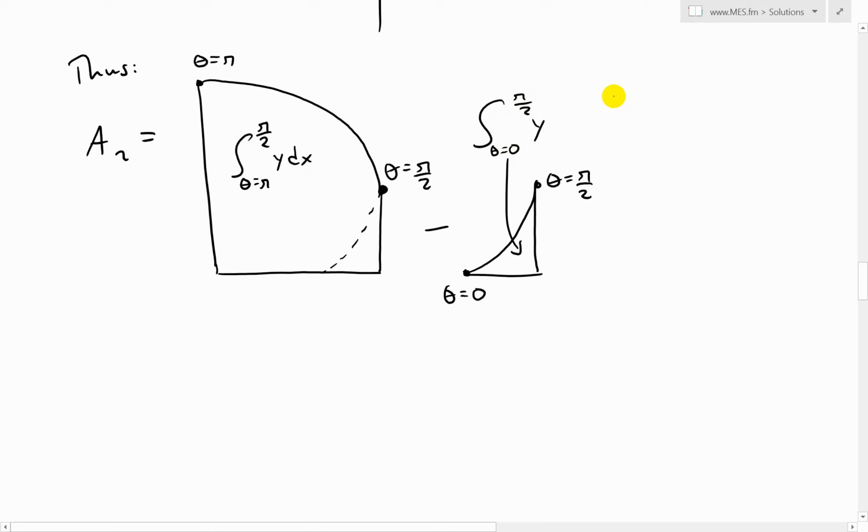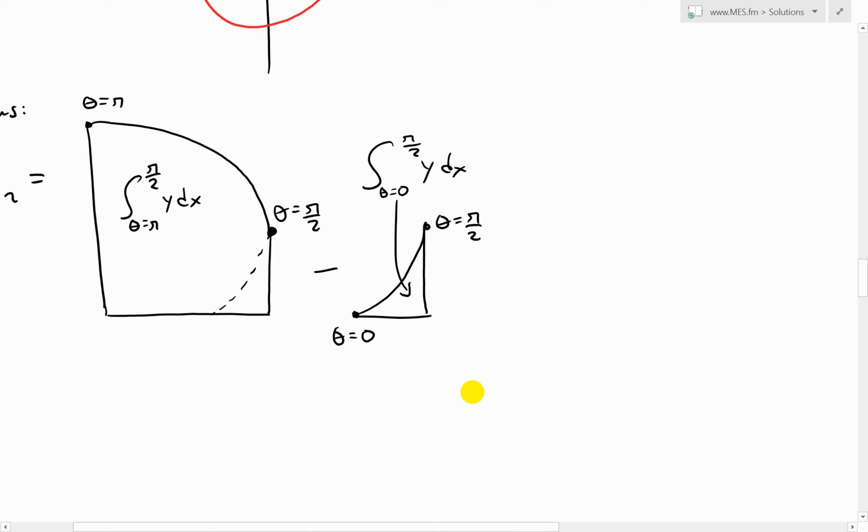That's the same formula. We're using theta as the parameter, so we're going to use substitution later. And then we also need to subtract the top part of the silo, where there's just a half circle with radius r, and this is just pi r squared, the area of a circle, divided by 2.